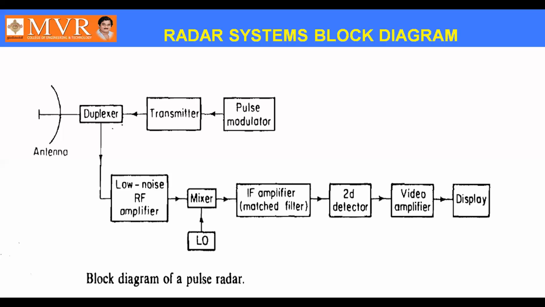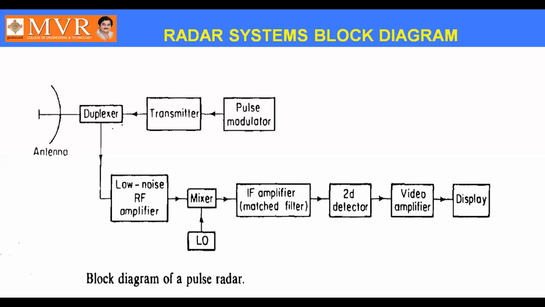So now, coming to the radar system block diagram. We already know that for any communication there should be one transmitter and one receiver, along with some channel between them. For a normal communication system there will be two antennas, one for the transmitter and one for the receiver. But 90% of radar systems use a single antenna that serves as both transmitter as well as receiver.